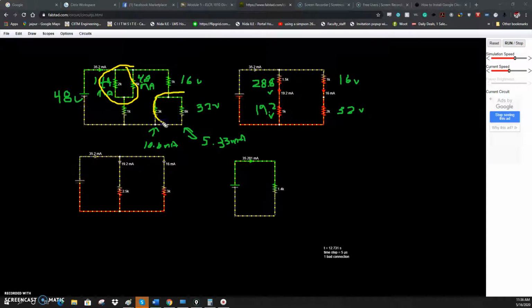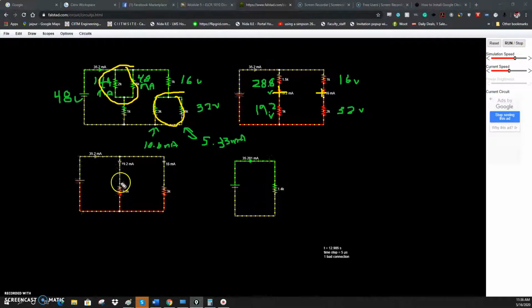Then we solved this parallel branch, put it in series with the 1K that was above it. We added these two together, just basically said 1.5K plus 1K, 1K plus 2K, and we came up with 2.5K here and 3K here. We solved that parallel branch and we just started working backwards.